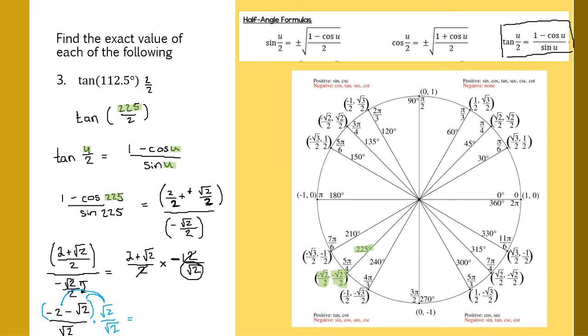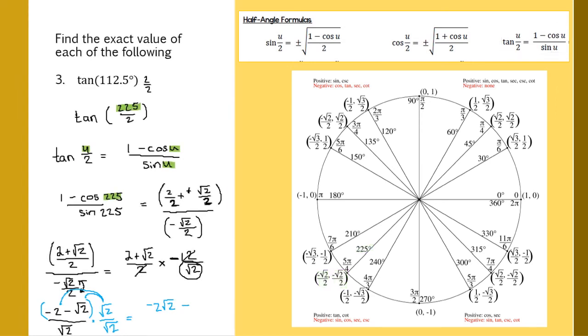So negative whole number 2 times the root 2. And then this is minus root 2 times root 2, which is root 4. So we'll put that down as root 4. And actually, I'm just going to simplify that straight away. Square root of 4 is the whole number 2.